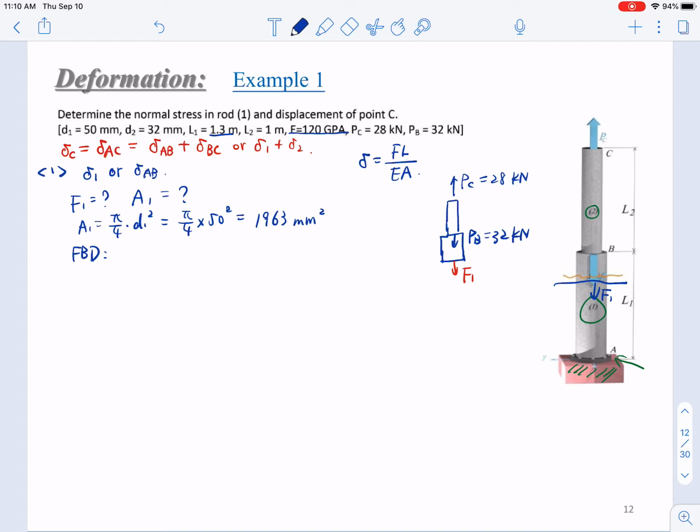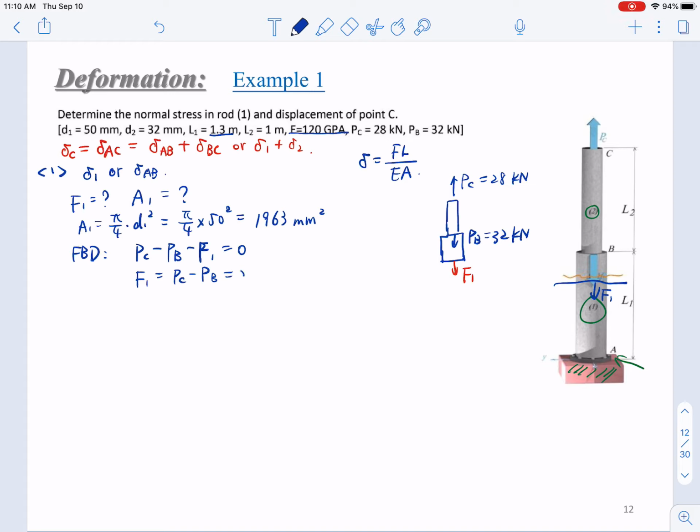All right, this is PC minus PB minus F1 equals 0. So F1 equals PC minus PB.